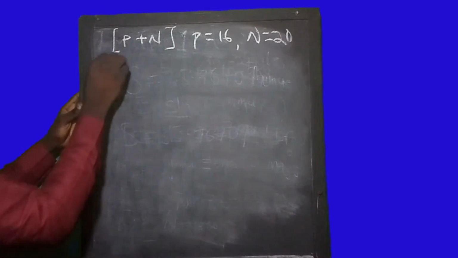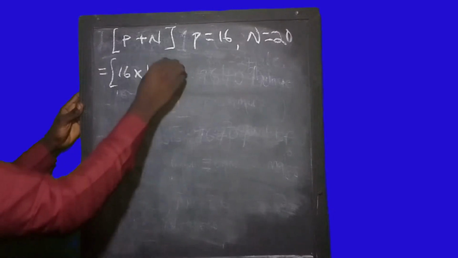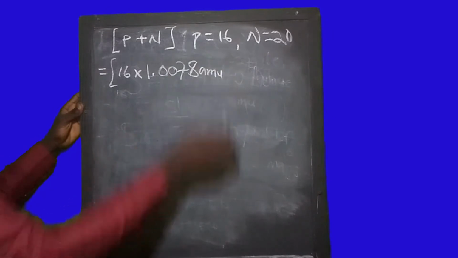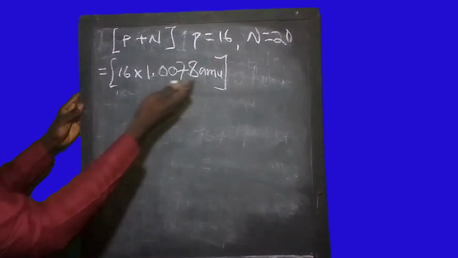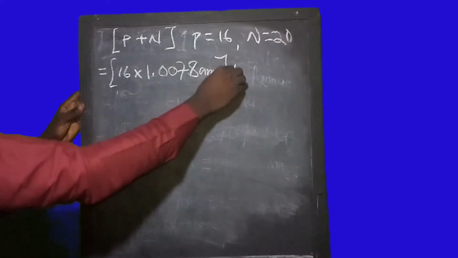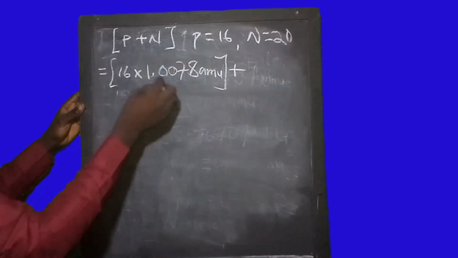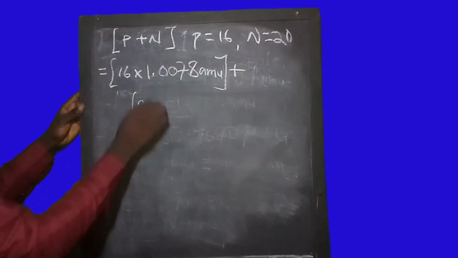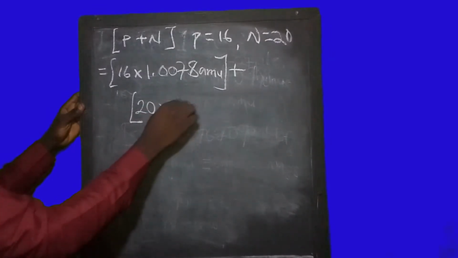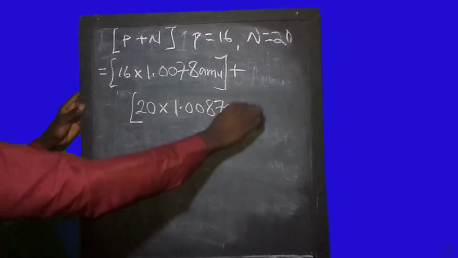So definitely you are going to say 16 multiplied by 1.0078 AMU, as you know this is the constant of proton. Then we add our neutron: 20 multiplied by 1.0087 AMU.